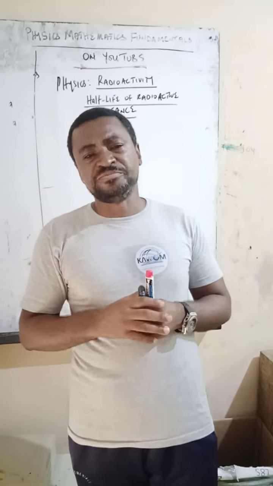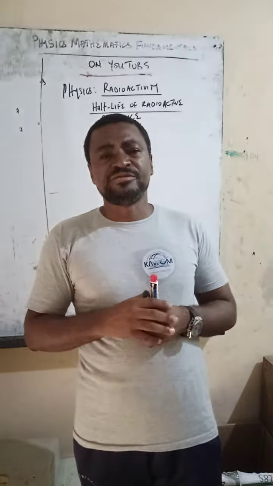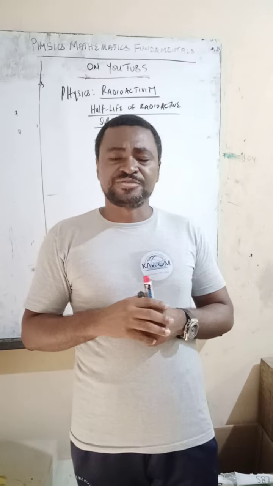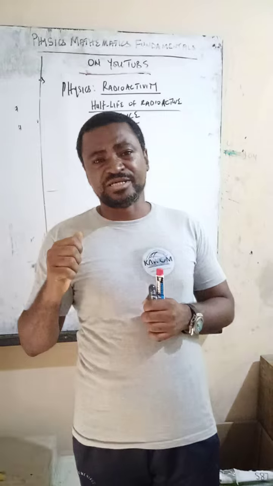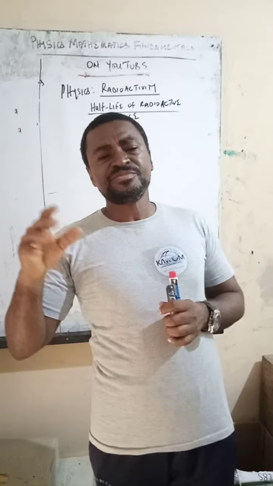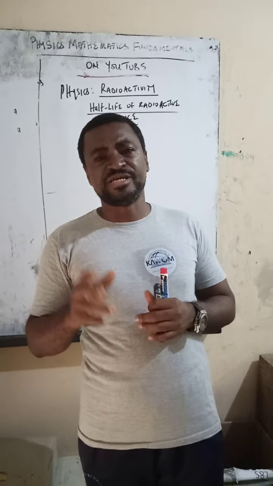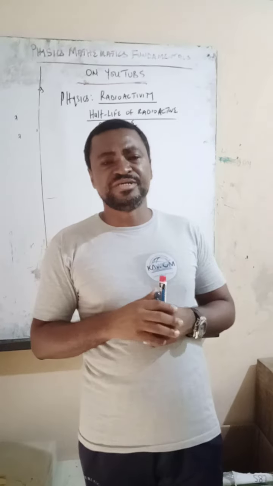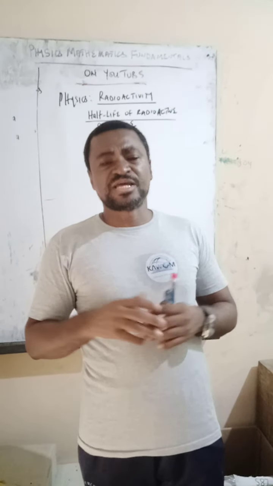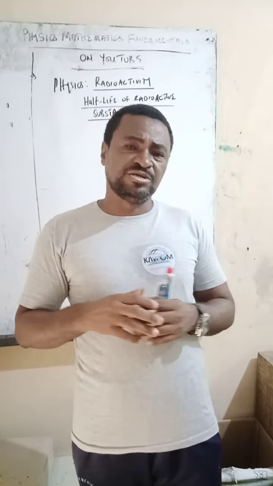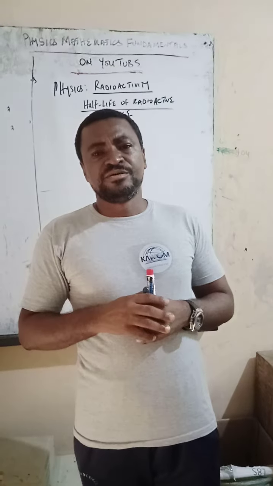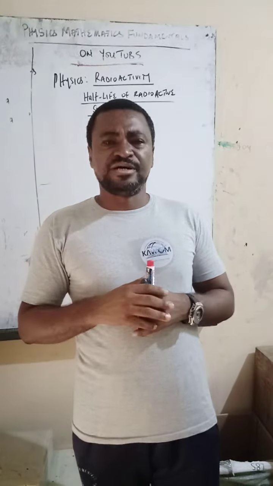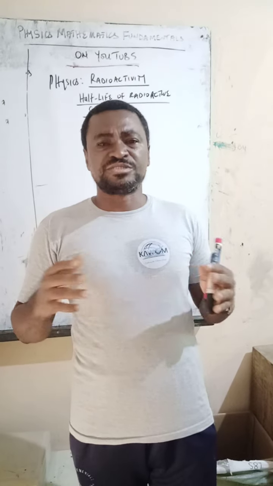What is radioactivity? Radioactivity is defined as the spontaneous decay of a radioactive substance. What I mean by that is that there are some elements whose atoms have nuclei that are unstable.